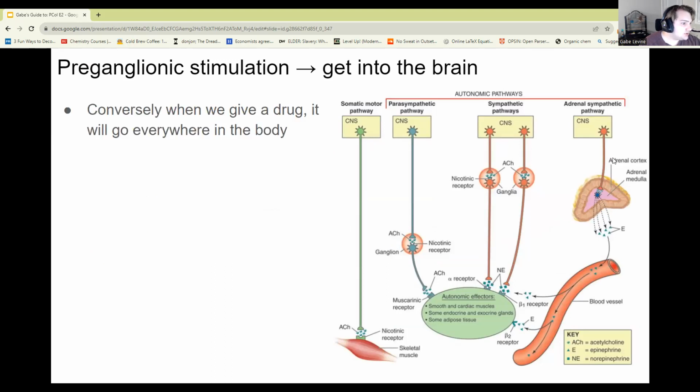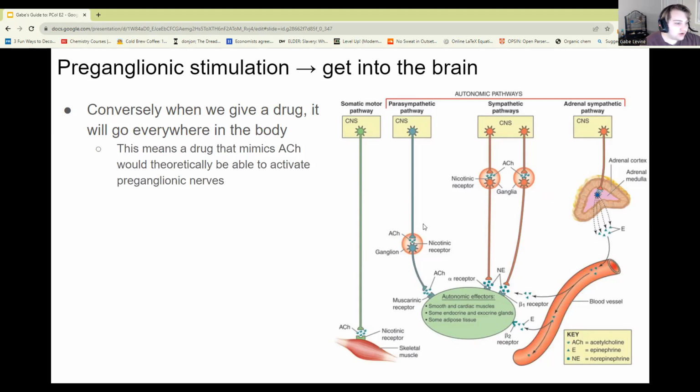The flip side to this is when we talk about drugs, we're administering it by the stomach usually. Or even if we're giving it IV, it's going generally into the blood. So it's going to go everywhere in the body, meaning that if it can go to a receptor, it will go there.